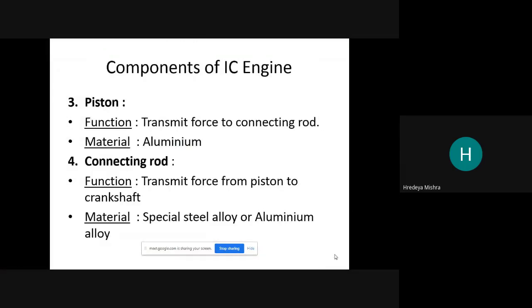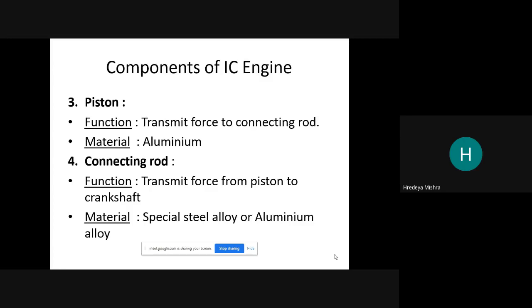Okay. So the piston transmits force to the connecting rod. What material is used? Aluminium is used.